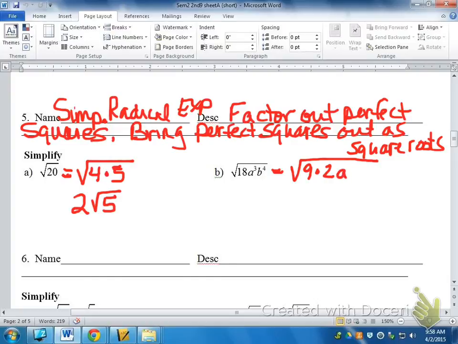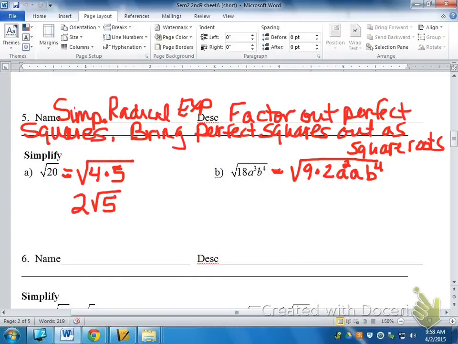You take out the largest even amount that you can. In this case, 2. And then you've got 1a left over. That's how you end up with your 3. You factored out the perfect square. And then b to the fourth, well, that's even, so that's a perfect square. So I've got this broken down to perfect squares plus the extra factors that are involved.